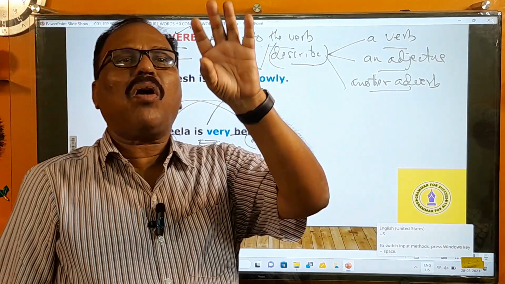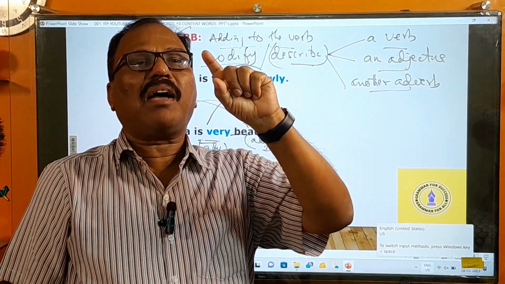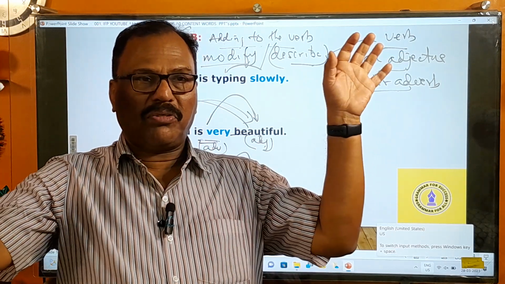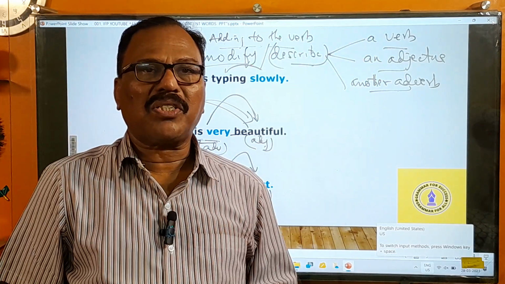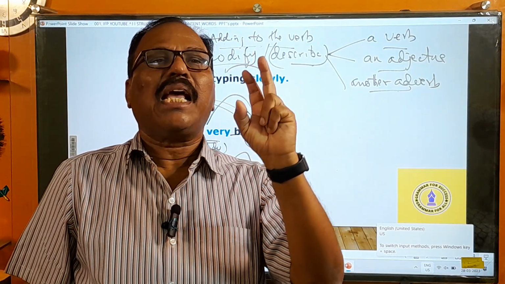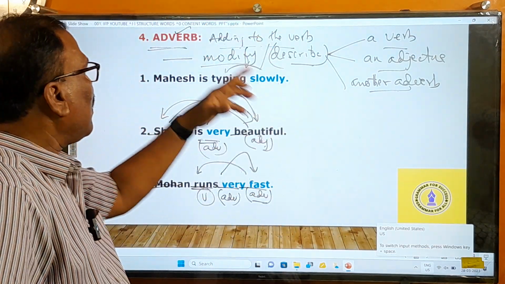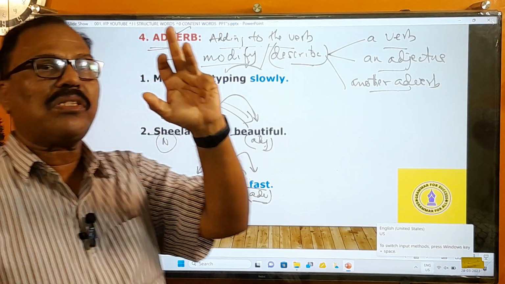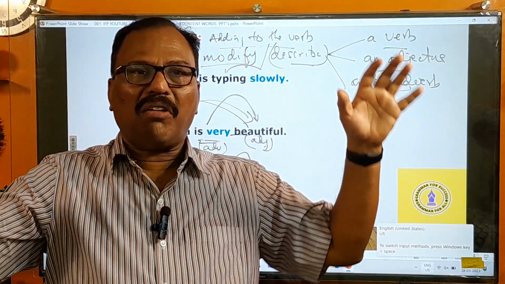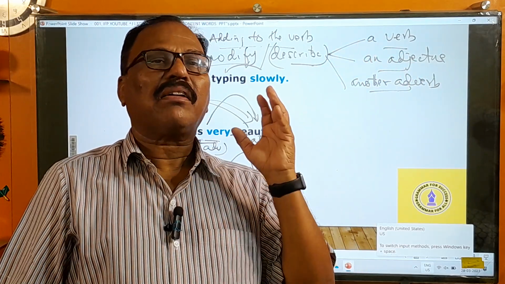So in this way, all the nouns, adjectives, verbs and adverbs are content words. Now you have come to know these two things. What are the structure words? Articles, pronouns, helping verbs, prepositions, conjunctions, 5 kinds of words. And the content words are nouns, adjectives, verbs, adverbs. So we have these 2 kinds of words in the English language: structure words and content words.